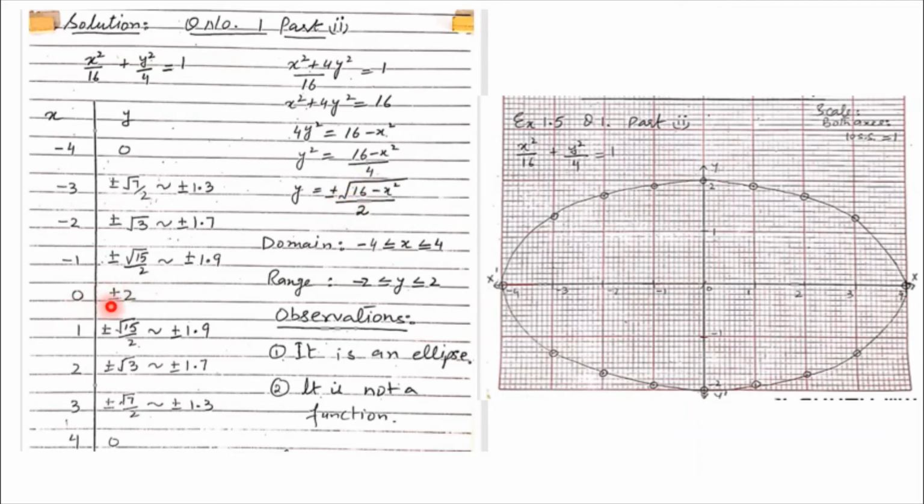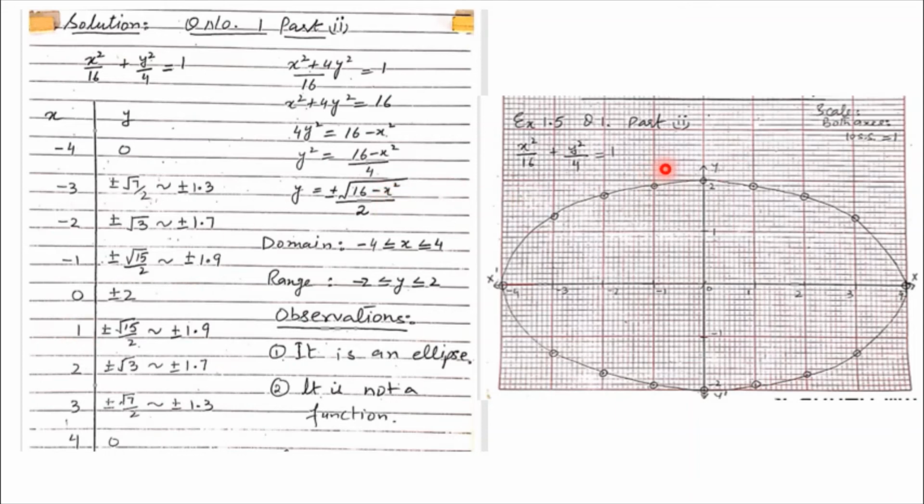At x equals 0, the values are plus minus 2. Then you put x equals 1 and you will get the same value which you got for minus 1, because we have to take the squares. The values at x equals 2, 3 and 4 can all be calculated just by putting these values in place of x.